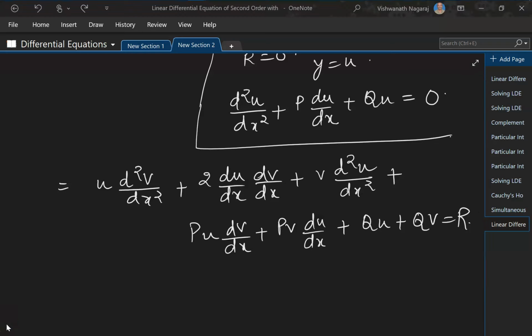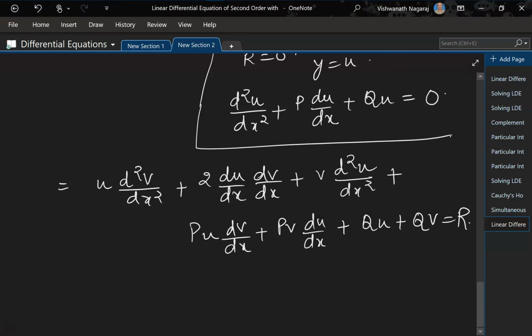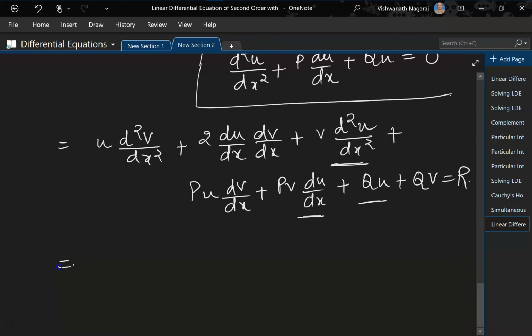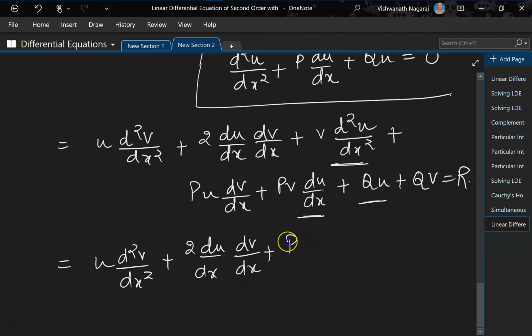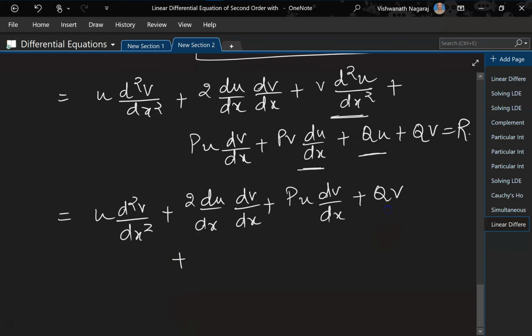Now here we have to figure out this. So to figure out that, let's first identify where this is. This is there here. Du by dx is here and qu is here, right? So let's take them together. d2v by dx square plus 2 du by dx times dv by dx plus pu dv by dx plus qv, plus, now let's take those three.